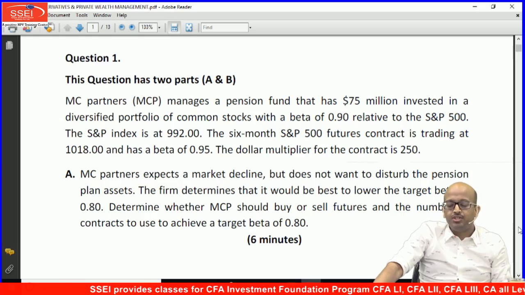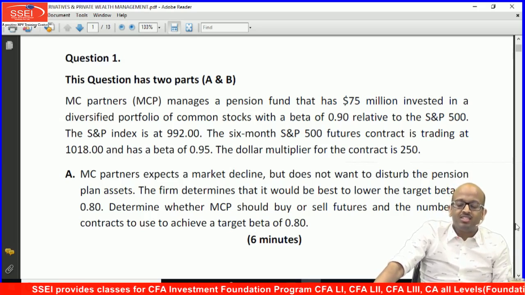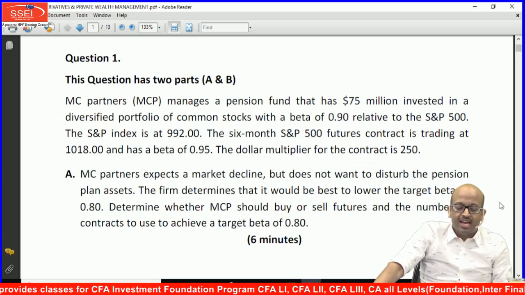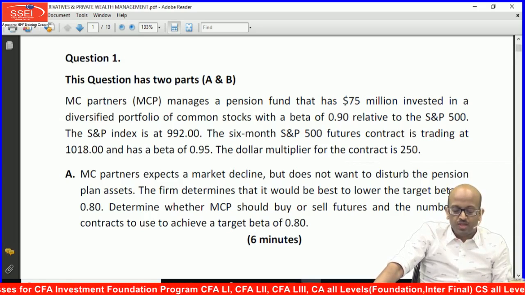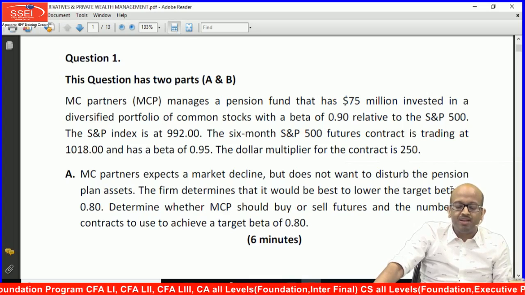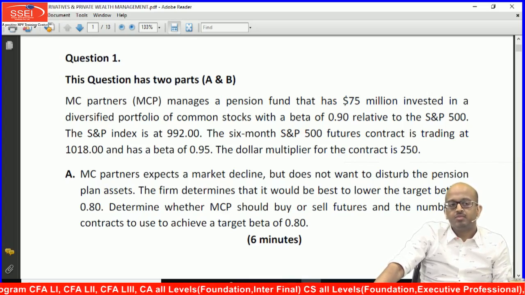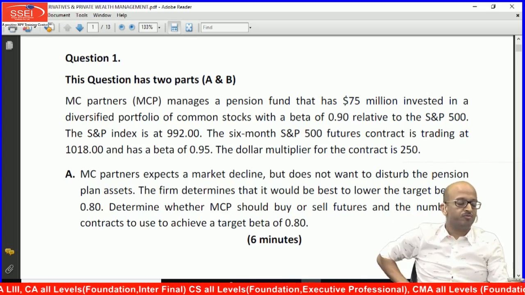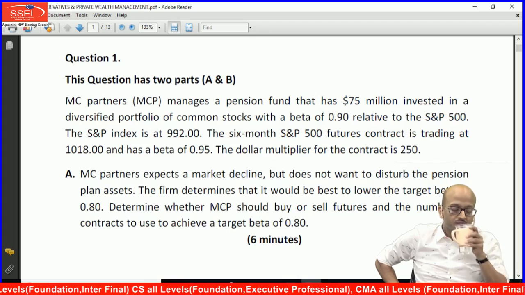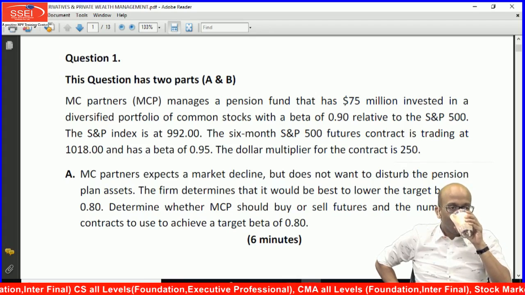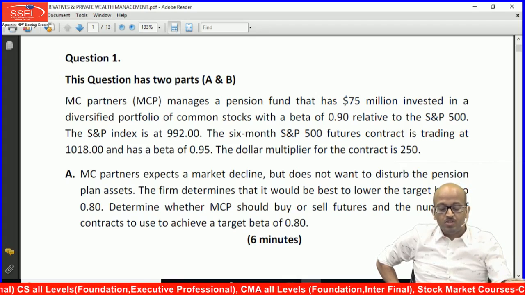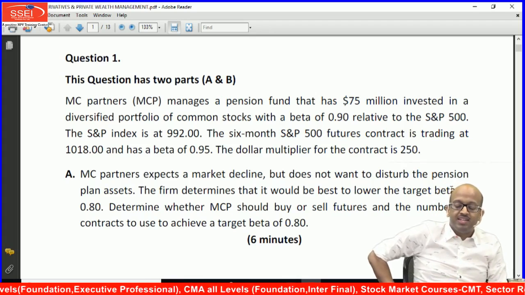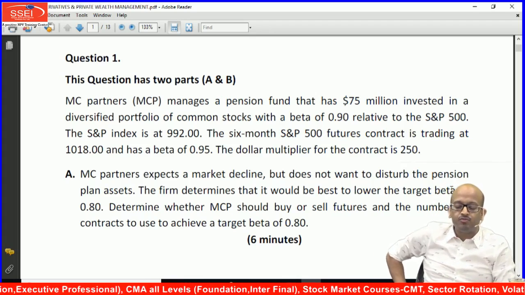MCP manages a pension fund that has $75 million invested in a diversified portfolio of common stocks with a beta of 0.9 relative to the S&P 500 index. So there is a 75 million equity portfolio or bond portfolio. You are also reading with me? 75 million invested in a diversified portfolio of common stock.